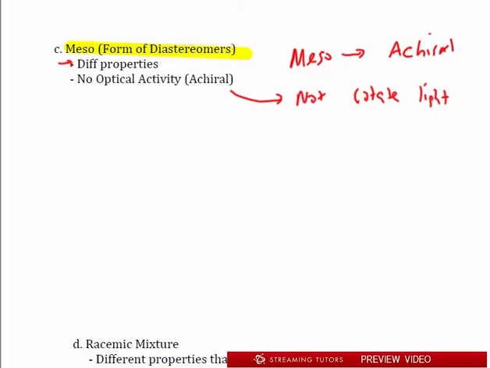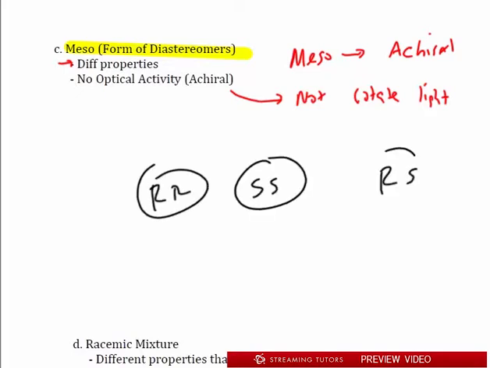It also has different properties because a meso form compared to any of the other stereoisomers has a diastereomer relationship. So it's just like any other diastereomer, right? So if you have, let's say, a pair of enantiomers, you have RR for one molecule, and then you have SS for another, and you have RS, and you know that this is meso, right? Then you know that the meso molecule is a diastereomer to these two. That's the relationship.